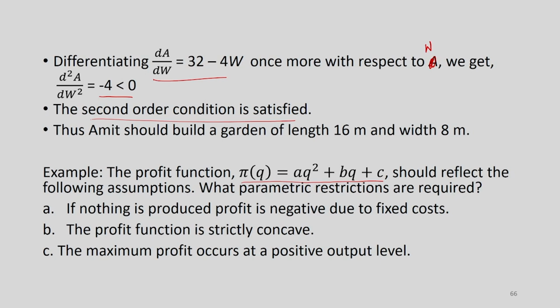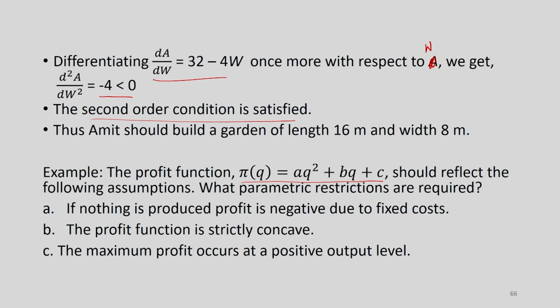So, that assumption should be reflected in this profit function. Secondly, the profit function is strictly concave. Okay, that is the second condition. And thirdly, the maximum profit occurs at a positive output level. Okay. So, this is the third condition that should be reflected in the profit function.